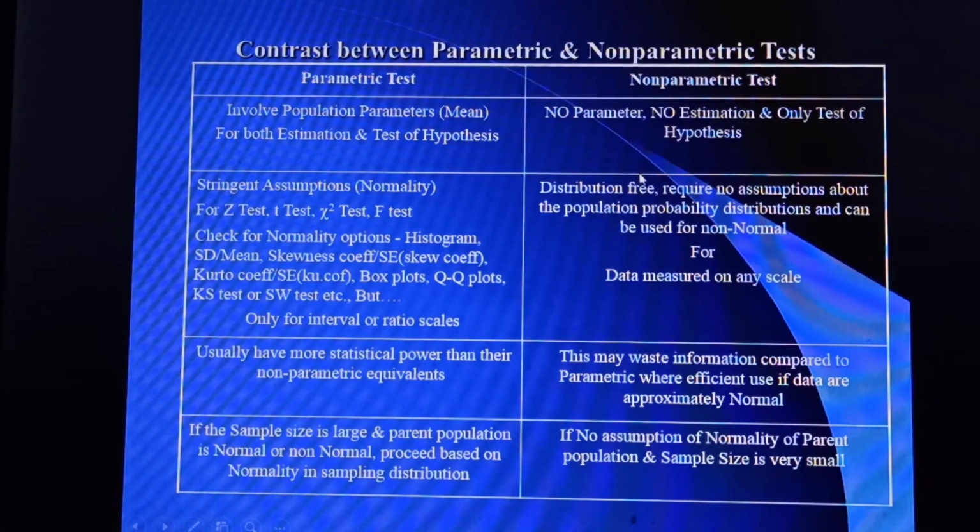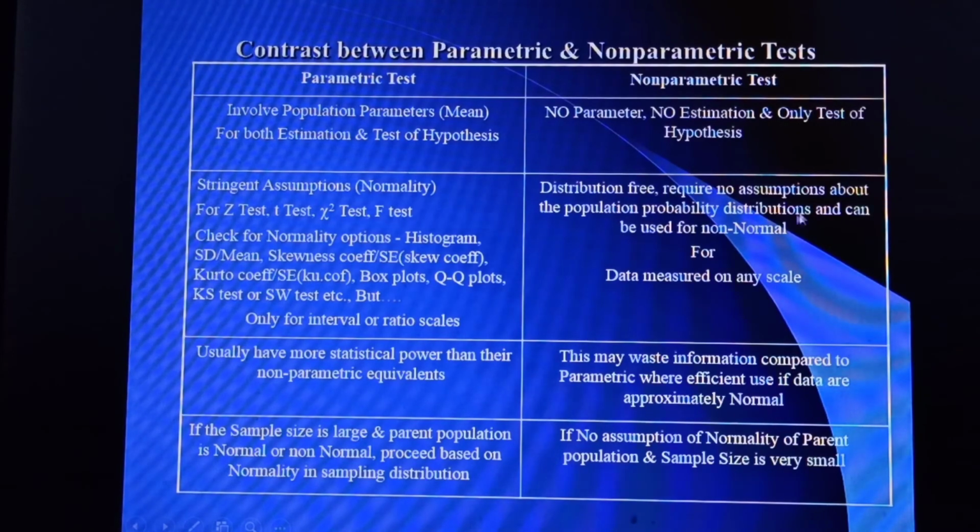Non-parametric tests are distribution free, require no assumption about population probability distributions, and can be used for non-normal data also, for data measured on any scale, like nominal, ordinal, interval and ratio.